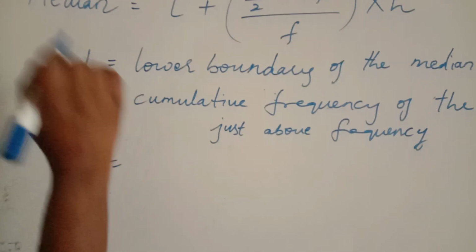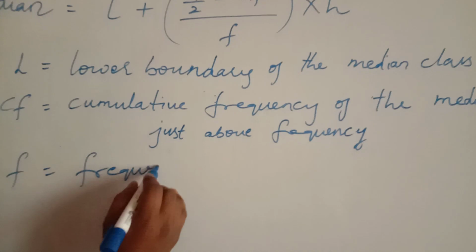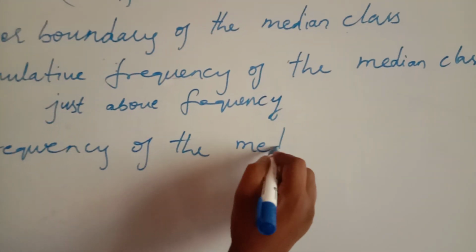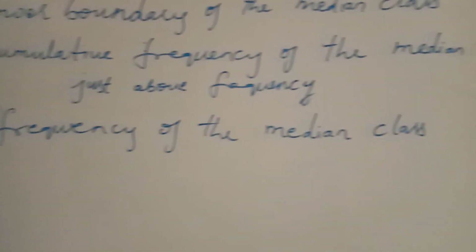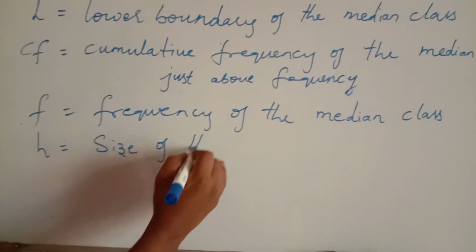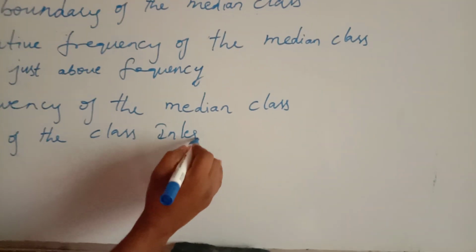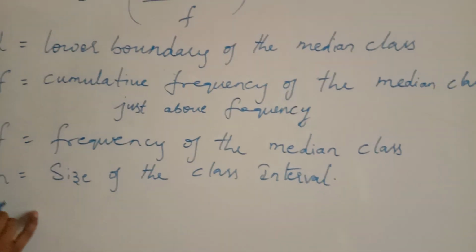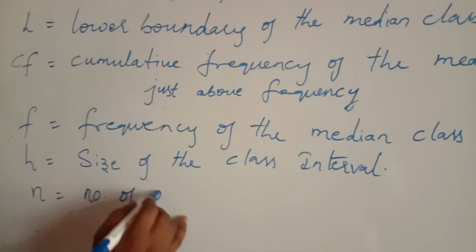F indicates the frequency of the median class, and h represents the size of the class interval. And N is the number of observations.